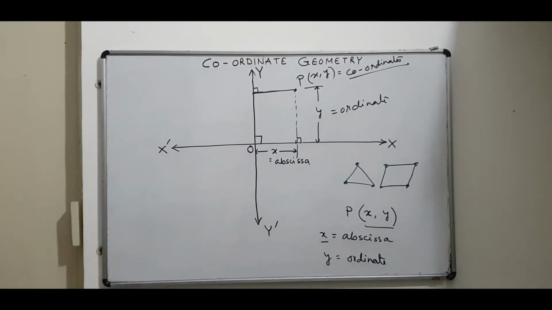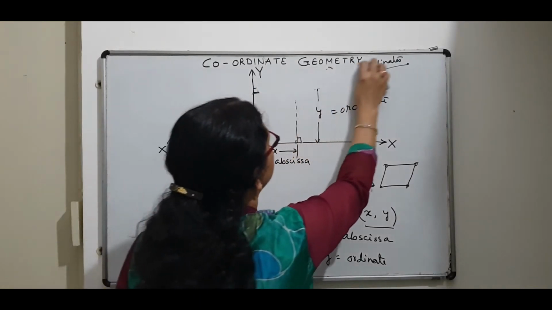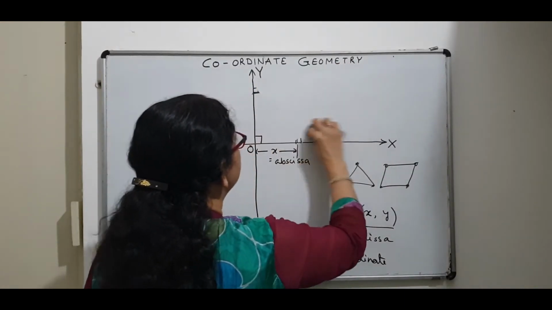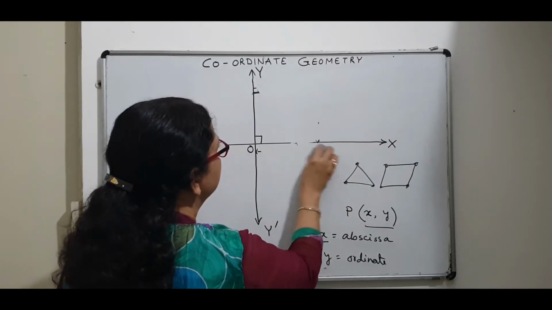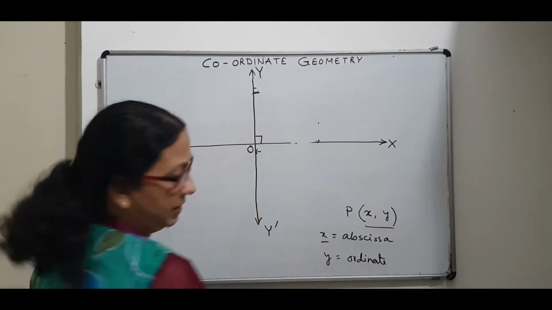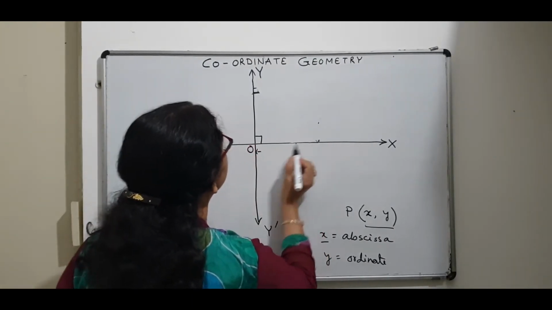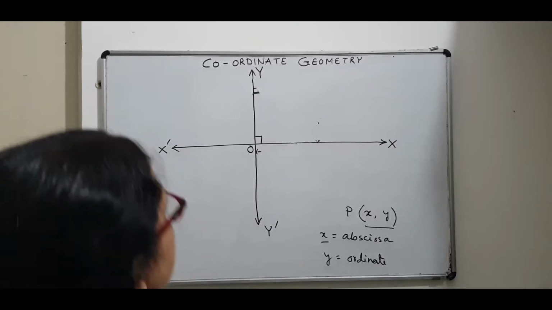So like this, suppose, let me now erase this one. So this is the Cartesian plane. Let me take 2 points.